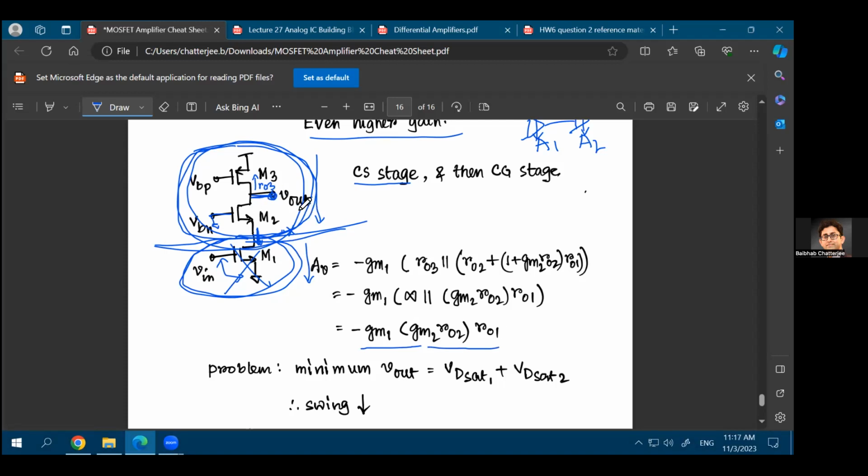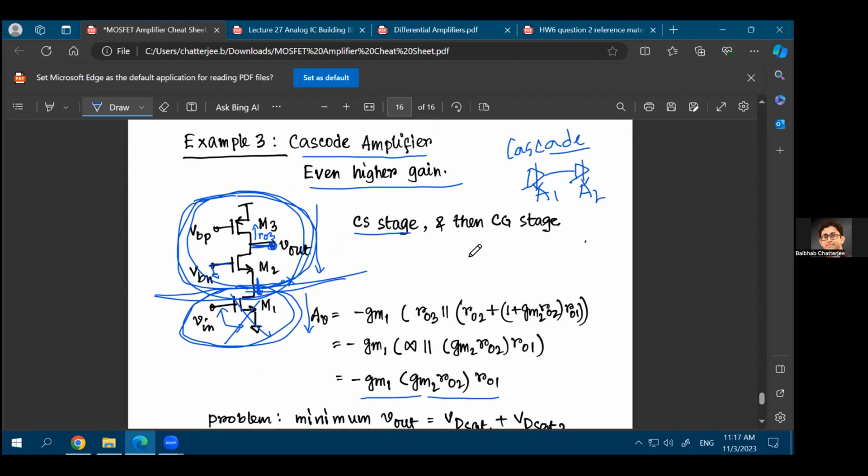So it's kind of like a multiplication of GM RO of one stage multiplied by GM RO of the second stage. And that gives you a very high amount of gain. So cascode amplifier is something that you might use if you want a very, very high amount of gain.